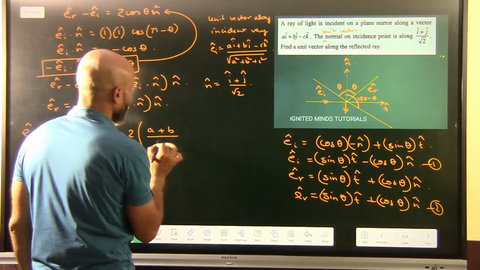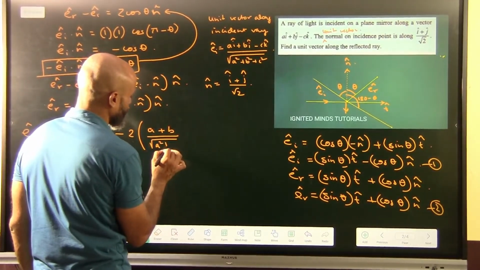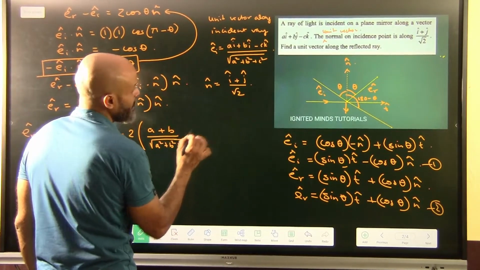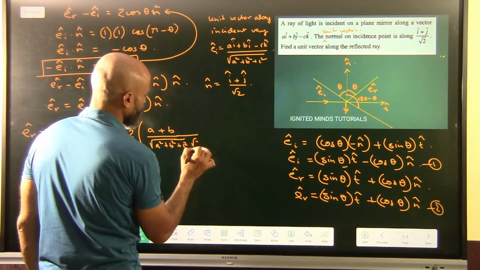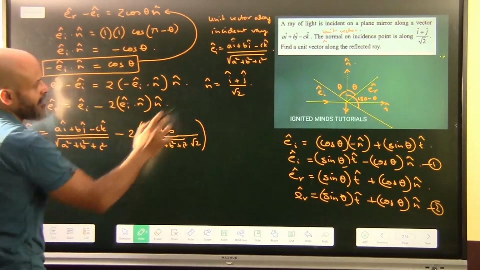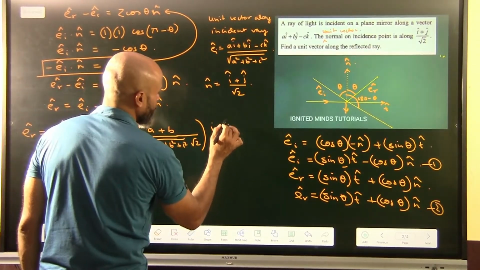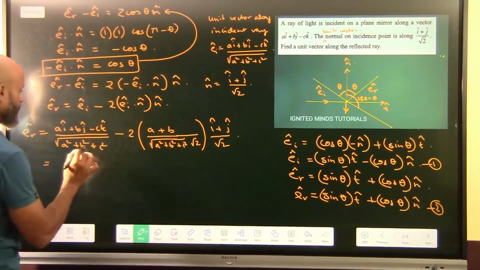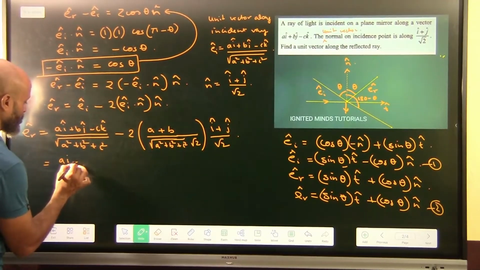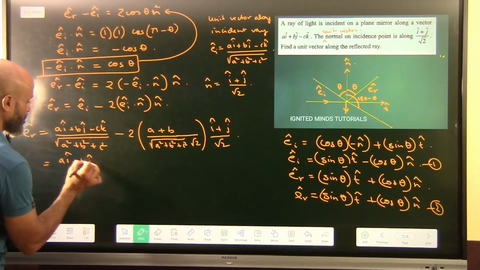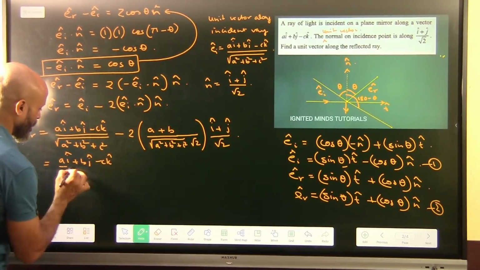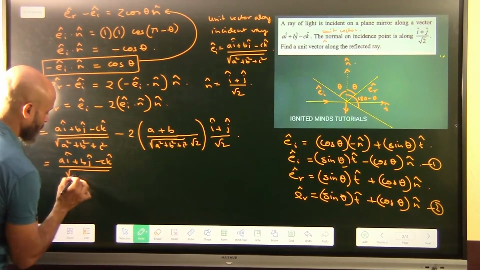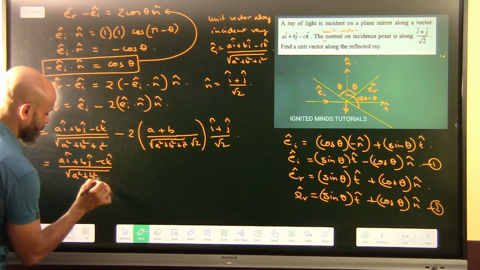So this will be under root of a square plus b square plus c square into this under root, and the normal unit vector, i cap plus j cap by under root 2, goes out. So here we have ai cap plus bj cap minus ck cap upon under root of a square plus b square plus c square.